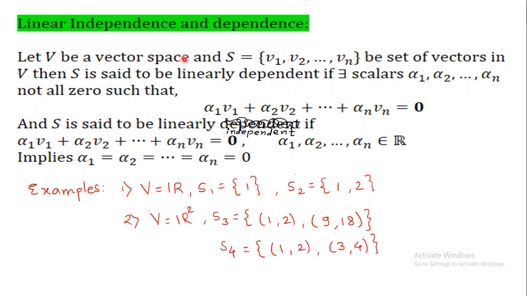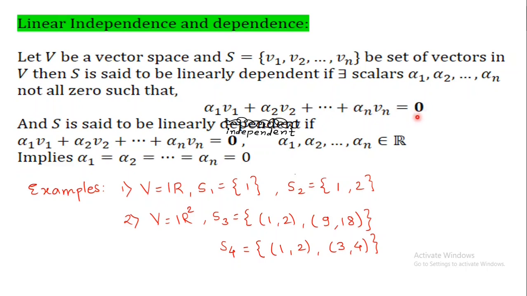Let V be a vector space and S equal to the set {V1, V2, up to Vn} be a subset of V. Then S is said to be linearly dependent in V if there exist scalars alpha 1, alpha 2, up to alpha n, not all 0, such that alpha 1 V1 plus alpha 2 V2 plus so on up to alpha n Vn is equal to 0.